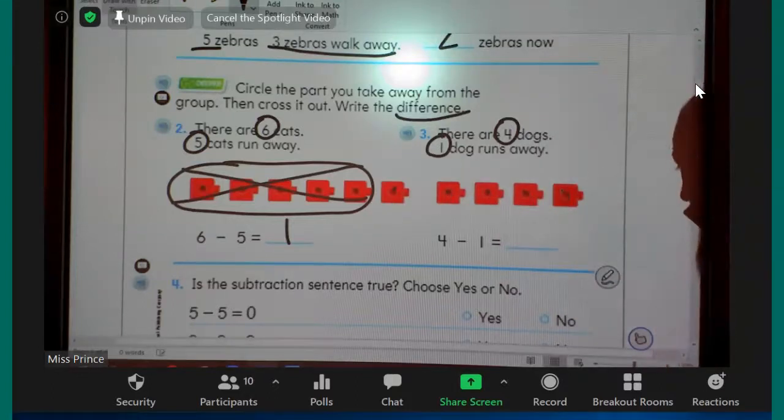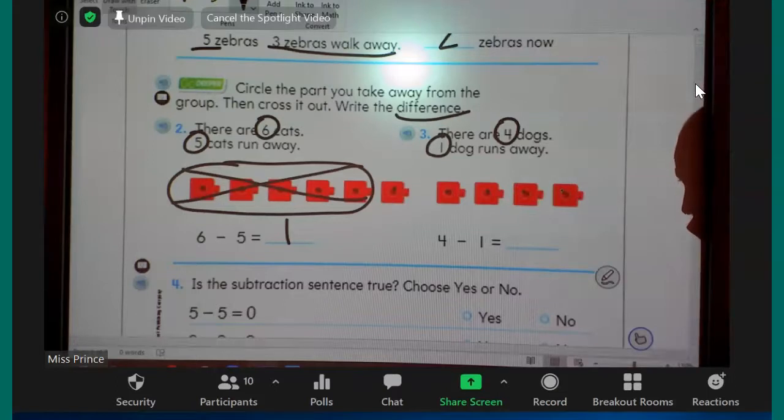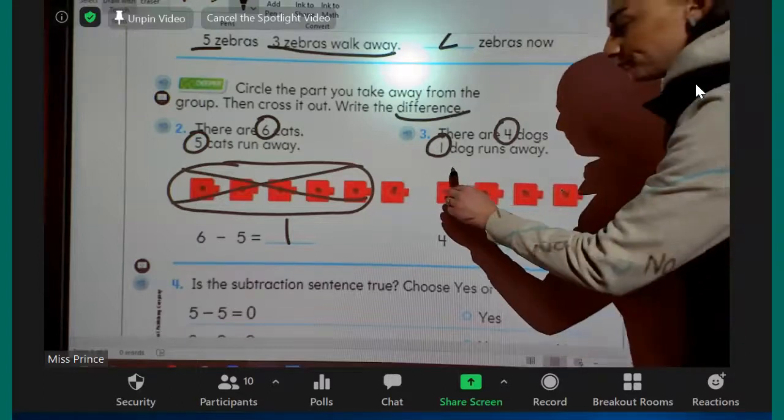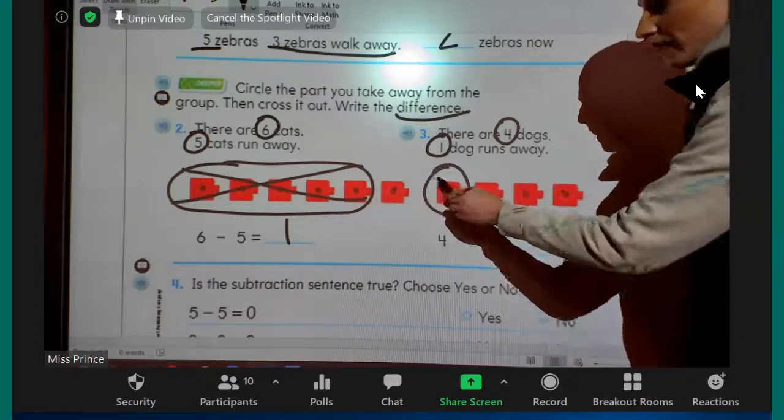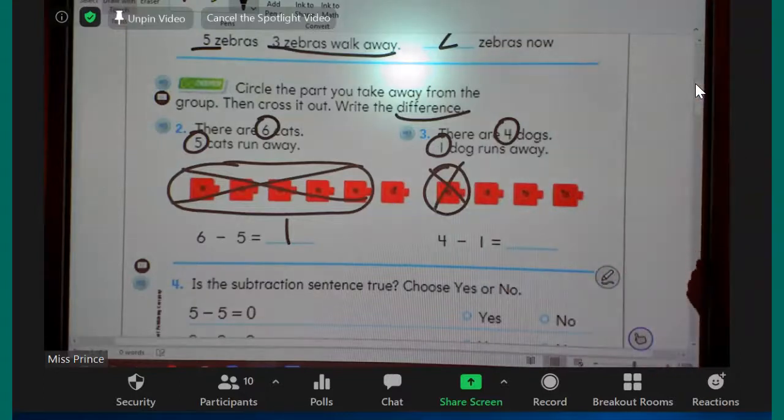Now we need to circle the part that we're going to get rid of. One dog runs away. So how many should we circle? 1. One dog runs away, so it's gone. And now we need to figure out how many dogs are left over.